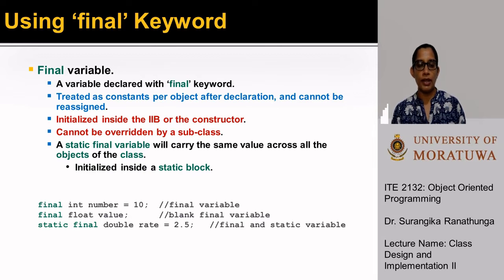That number will be 10 always. Similarly, we can have static final variables also. It is the same as the simple final variables. The only difference is this value is now common across all the objects that are created from this same class, just like other static variables.